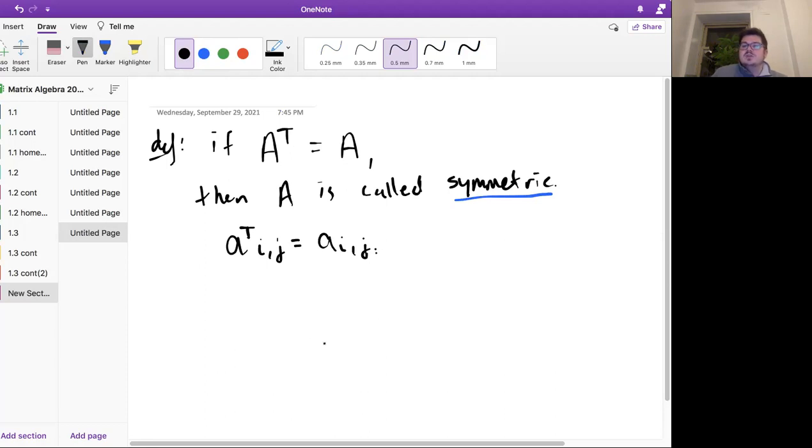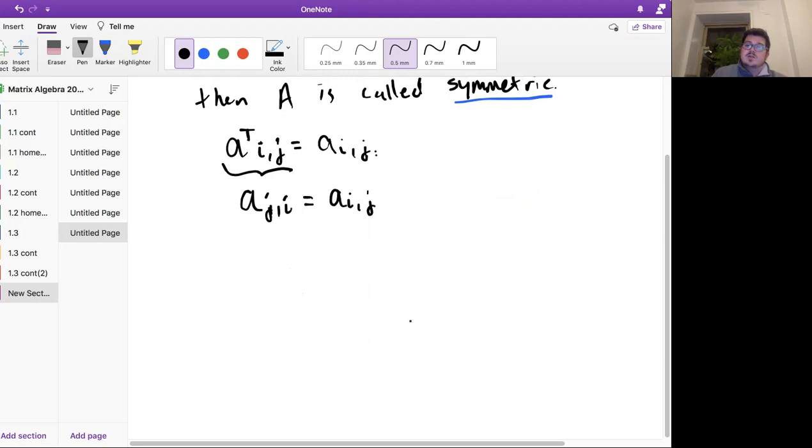First of all, what is A transpose IJ? If you didn't know this was symmetric, this is AJI. So that means that if you flip the columns and rows, nothing changes in the matrix. Can someone guess why it's called symmetric based on that?